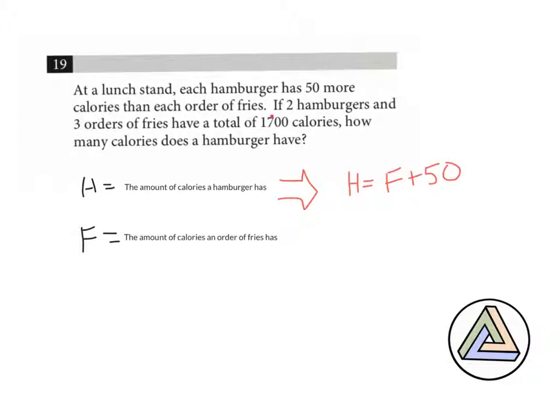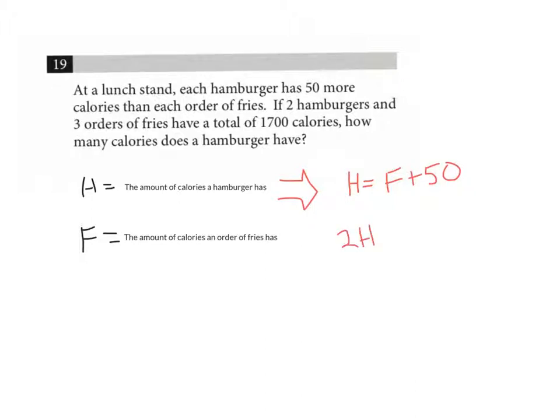And if 2 hamburgers and 3 orders of fries have a total of 1,700 calories, how many calories does each hamburger have? Well, the other equation we could set up is 2 times the amount of calories each hamburger has plus 3 times the amount of calories each order of fries has equals 1,700, right?